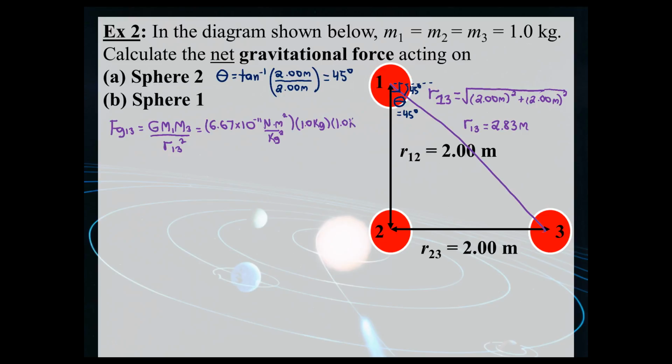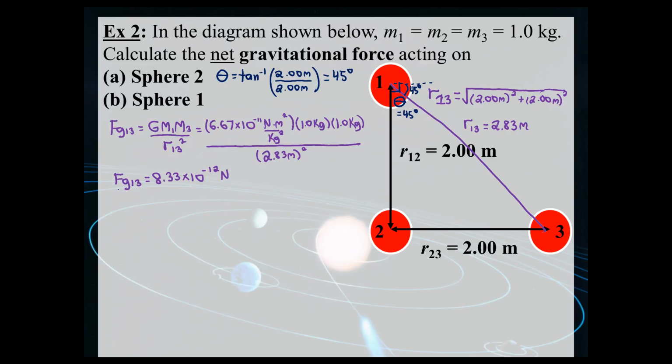Multiply by M3, also a 1 kilogram mass. Divide this by the distance between them. We calculated that from Pythagorean theorem. So that's 2.83 meters all squared. Then I get the magnitude of the gravitational force between 1 and 3 would be, let's go to 3 significant digits, 8.33 times 10 to the negative 12 newtons.